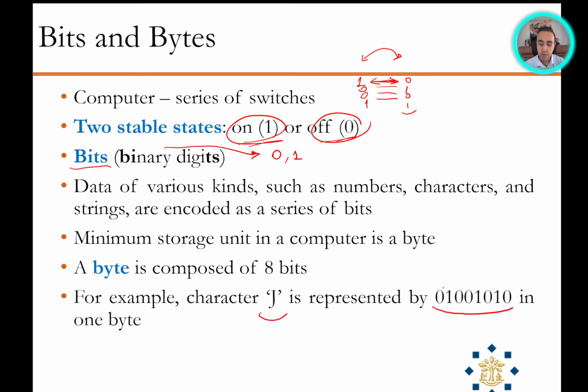If you count it, 1, 2, 3, 4, 5, 6, 7, 8, there are 8 bits. This is called a byte. 8 binary digits in a series make a byte, and the minimum storage unit in a computer is a byte.